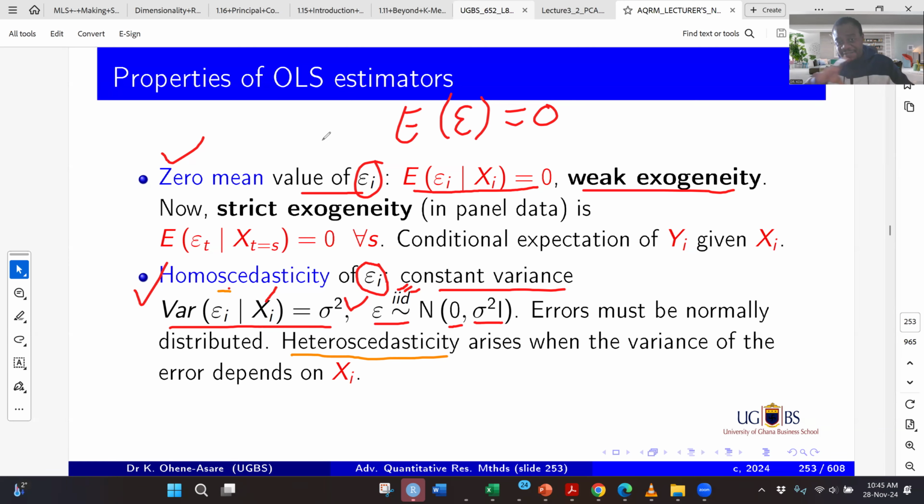When you plot it against a fitted value, against a predicted value, there mustn't be a pattern, because when there's a pattern, that pattern can influence the relationship. There must be no pattern. And that is because the variance itself is the dispersion.